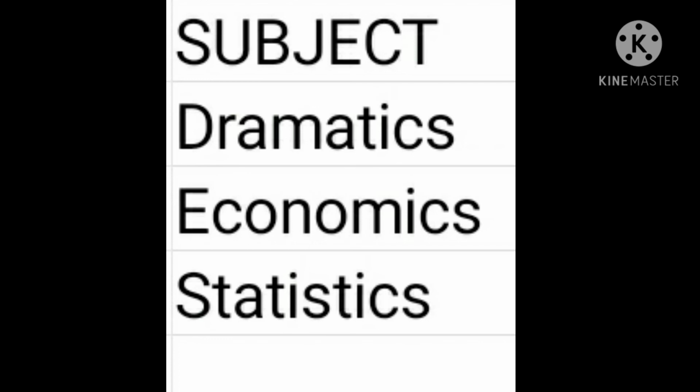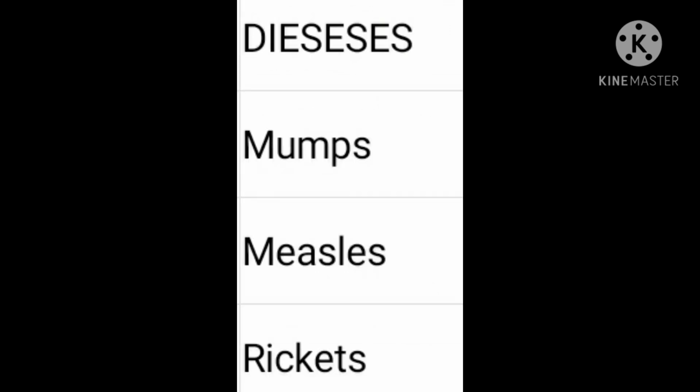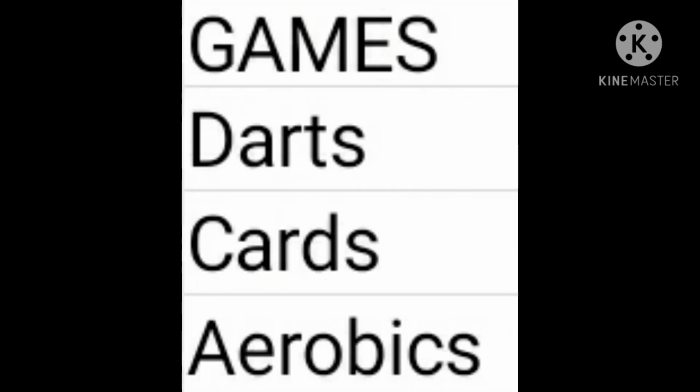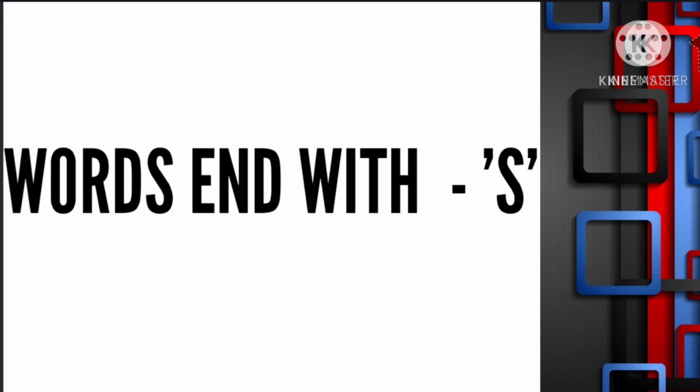Economics is not two, it's singular. Statistics is also a single term. If you take a disease like mumps, it is also singular. Measles, singular. Rickets, singular. If you come across games or sports, darts, cards, aerobics, these are all singular nouns. By adding s, we can't consider it a plural form.